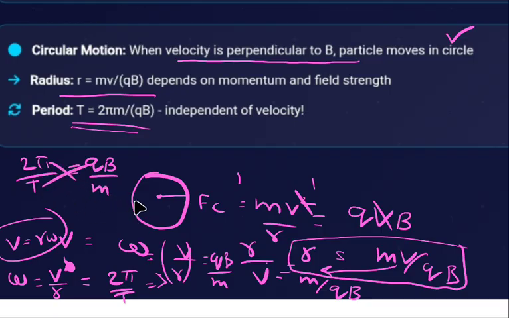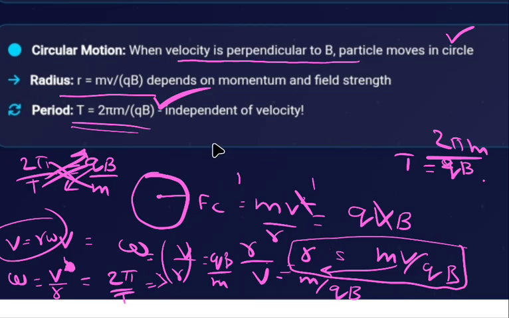Now cross multiplication. We get T is equal to 2 pi m by qB. 2 pi m goes up, qB comes down, T goes up. So T is equal to 2 pi m by qB. From this we understand that time period is independent of velocity.